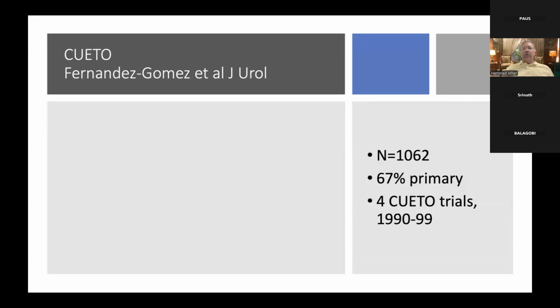Few years later, the Spanish Club for Treatment of Urological Cancer, CUETO, risk assessment tool was published in the Journal of Urology by Fernandez and Gomez. It included over 1,000 patients, and over 2/3 of these patients were primary. The data was collected from 4 CUETO trials between 1990 and 1999.